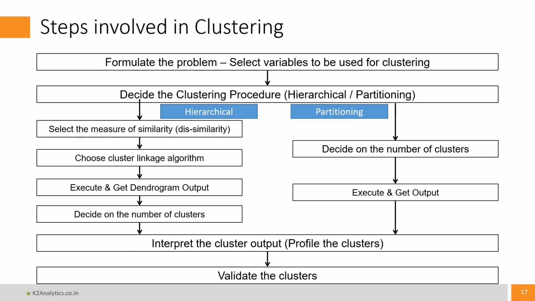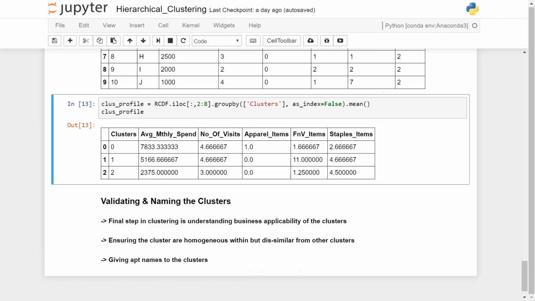If you're a marketeer, the reason why you do segmentation, the reason why you do clustering, is always: can I create my offerings, products, services specifically at a segment level? If from this clustering I can have a marketing strategy at a cluster level, then your clustering goal is achieved.